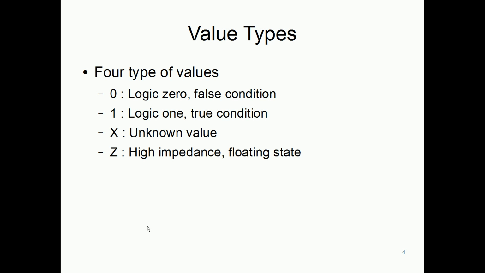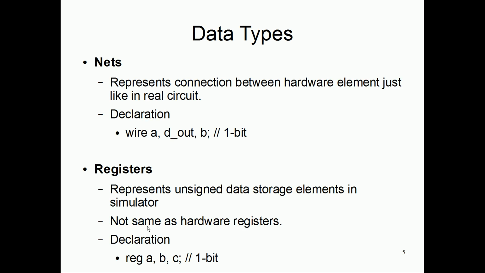At a certain point of time, the Verilog simulator doesn't know what the value is on that line or on the wire or on the 1-bit variable. What is the value, it doesn't know. So that is the X value. And Z is a state which is electrically isolated, which doesn't have any logic like 0 or 1, but it is not unknown. It is a high impedance value.